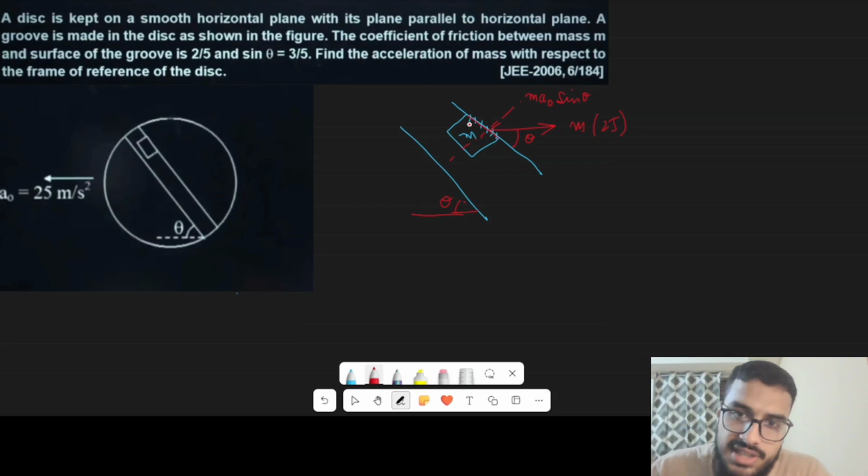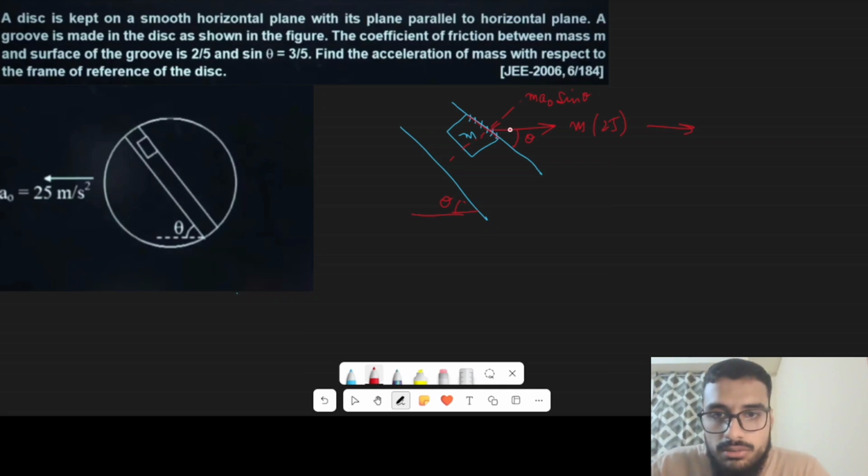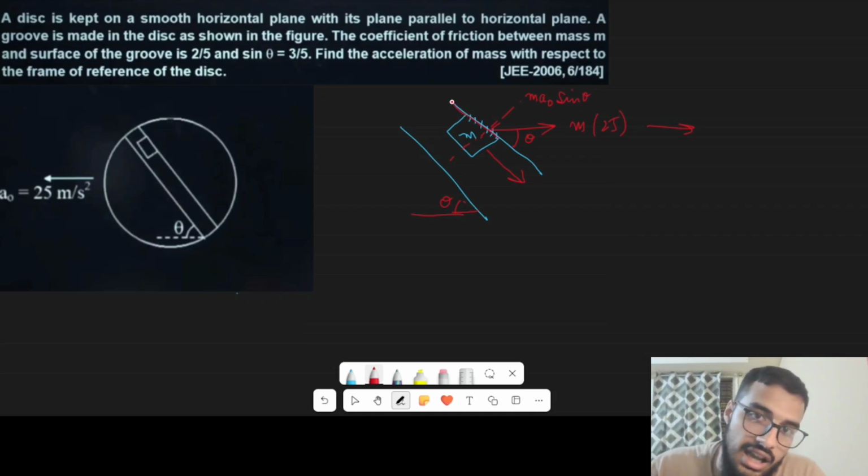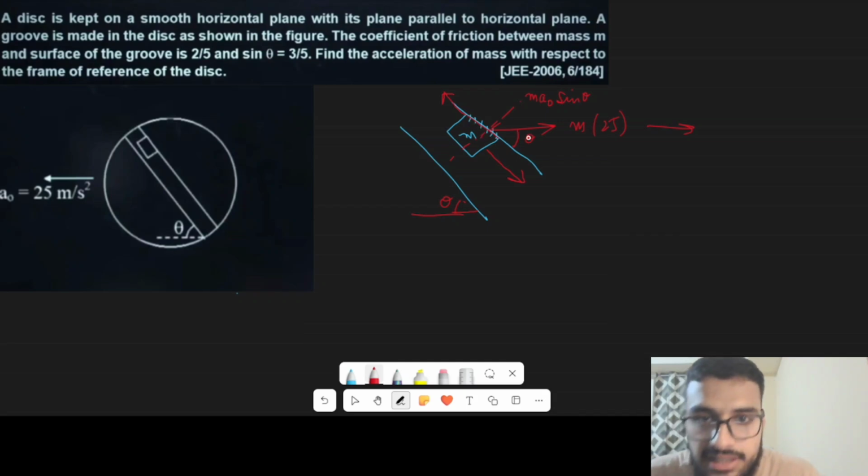The force m a naught acts in this direction, the same thing we did in the wedge, but the mass cannot deform the groove, so it is constrained to move in this direction. There will be friction acting against its motion due to this side face, which we see as a line right now.